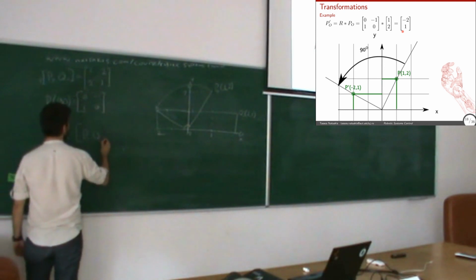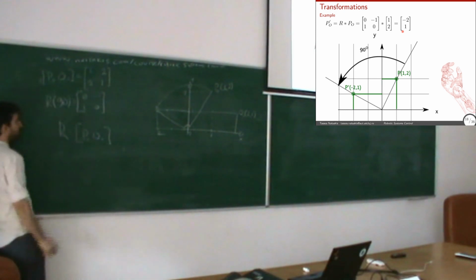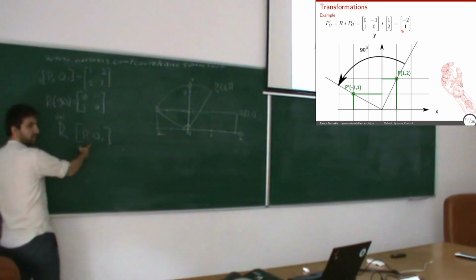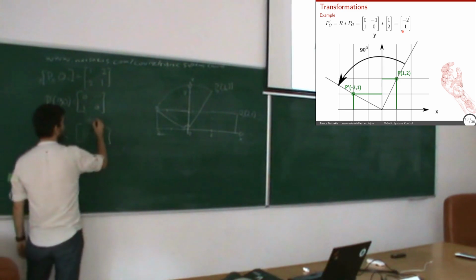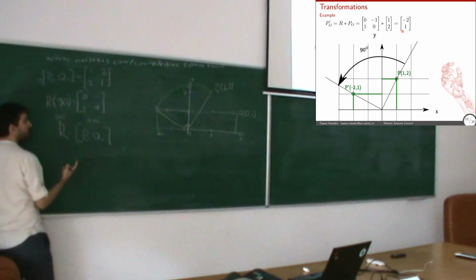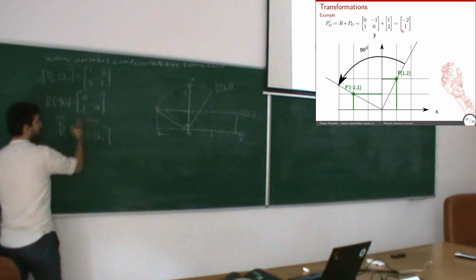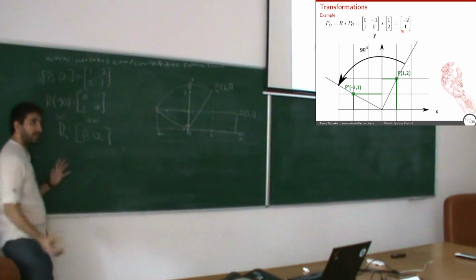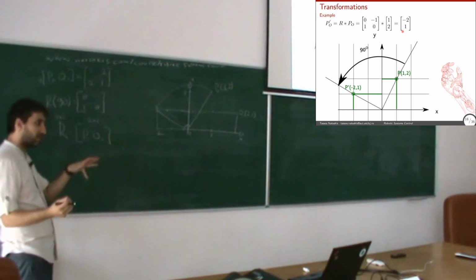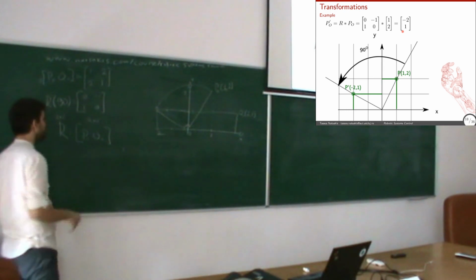P0, Q0. R is 2 by 2. This is 2 by 2. Can I multiply them together? I can, and the result will be a 2 by 2. Because I give as input 2 points, I expect to rotate and end up again with 2 points.